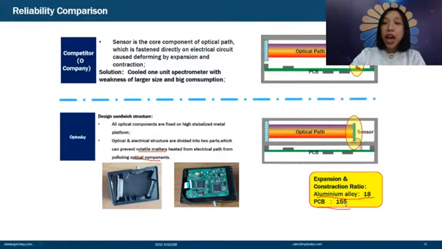It's about 10 times higher than the metal platform. So we can see that the performance of the Optosky spectrometers is at least 10 times more reliable than the competitors. Although our competitors may use cooled spectrometers to reduce this pollution, cooled spectrometers have a larger size and big power consumption, as we mentioned before.